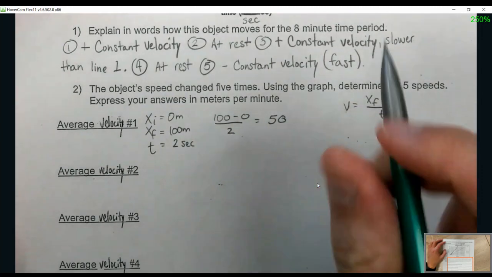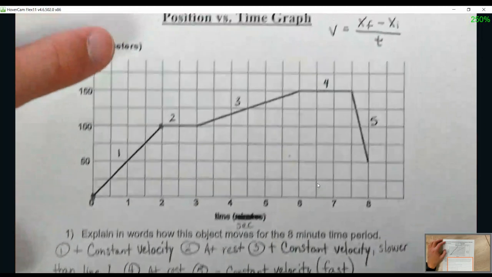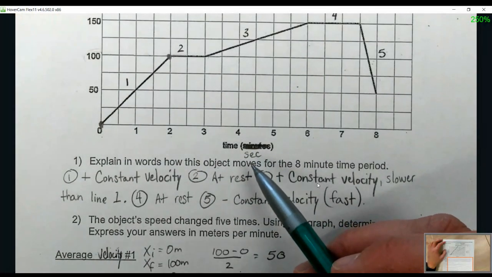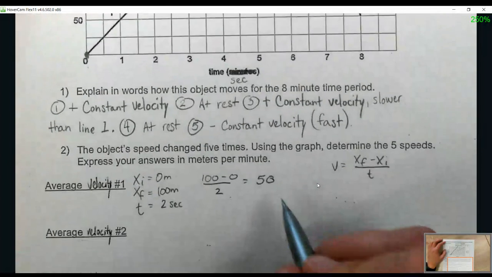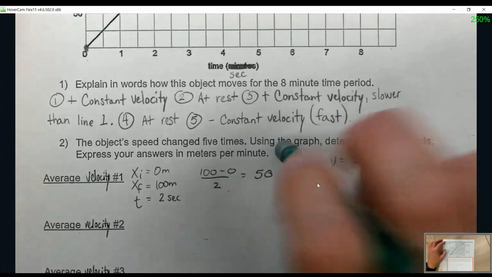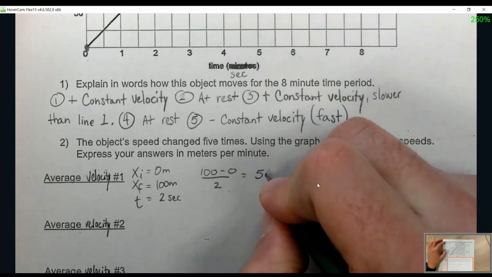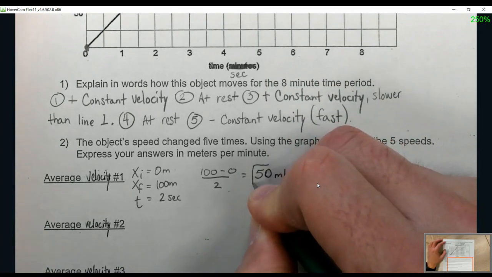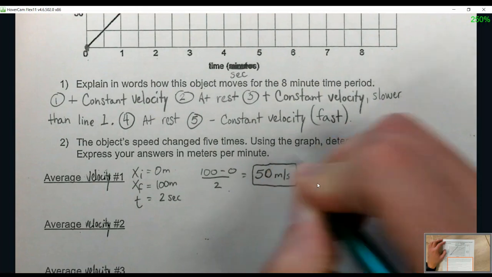Now the distance unit they gave us was meters, and I had you cross out minutes to use seconds. So you're going to have 50 meters per second, and then box your answer. Box it up.